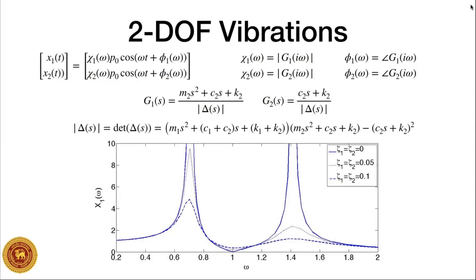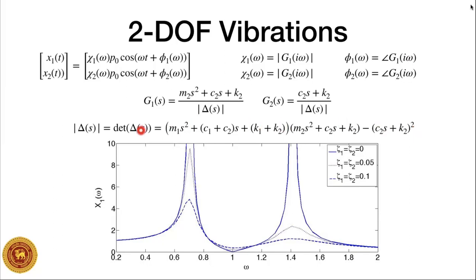And so let's look at this amplitude magnification. So what is this? If you try to compute the amplitude magnification of that using this, you see that you get this denominator, which is the determinant of the matrix equation, matrix polynomial.